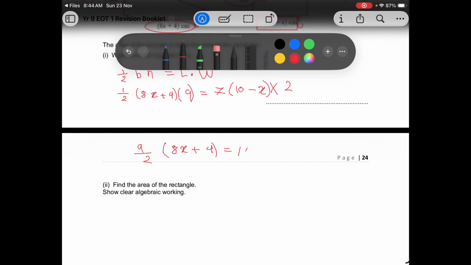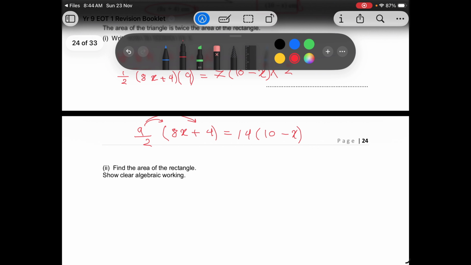Also associativity is taking place here. 10 minus what? 10 minus x. What I can do, guys, is simply multiply this here and this here using the distribution law. You can use a calculator.